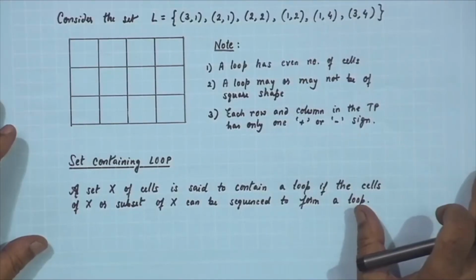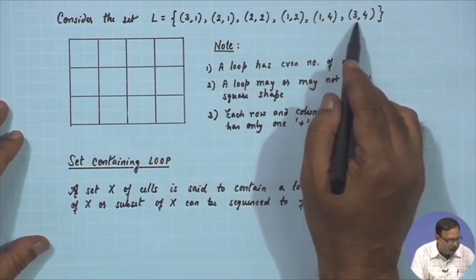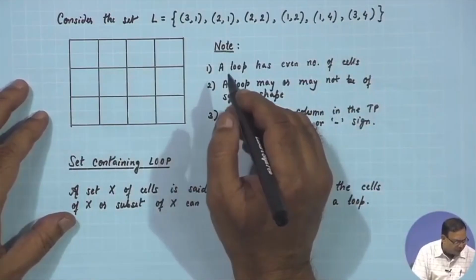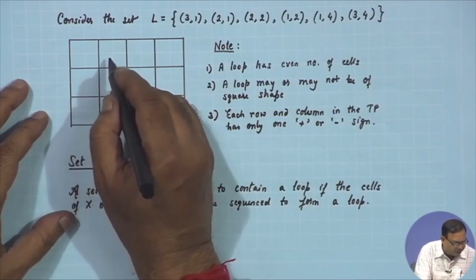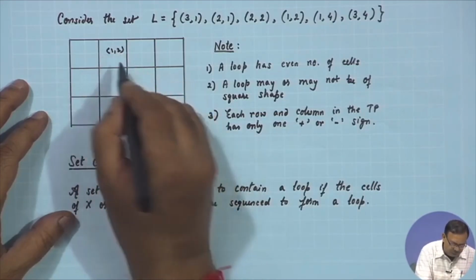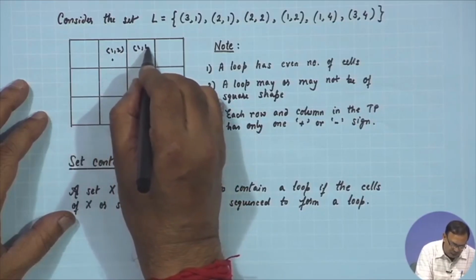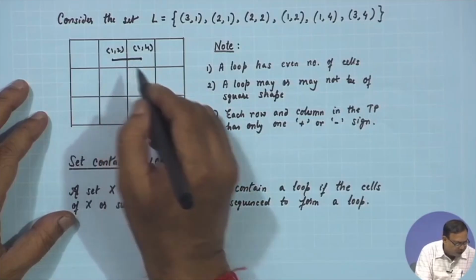Please note this one. Any 3 or more adjacent cells in the ordered set do not lie in the same column. So, if you consider sets like this: 31, 12, 22, 11, 21, 14 and 34. You are starting say from here, this is your 12. From this point you are having 14. So, from here you are going up to this.